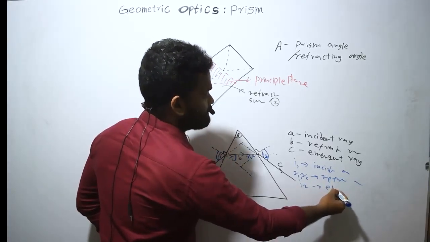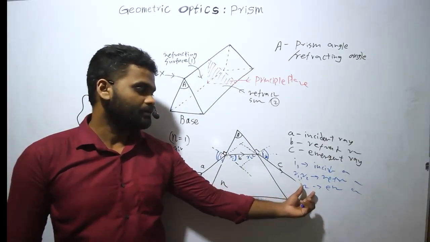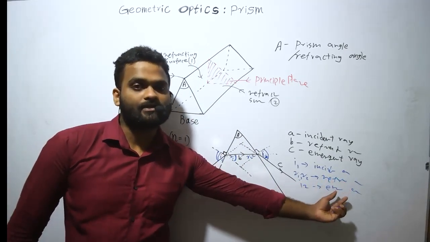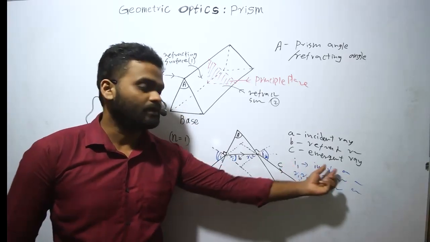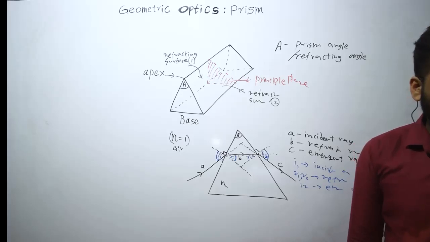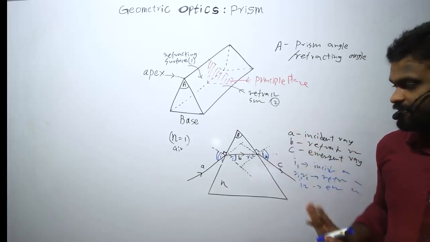I2 is called the emergent angle, right? So those names you need to remember. I2 is the emergent angle, R1 and R2 are refracted angles, I1 is the incident angle. Okay. So this is the first thing, right?